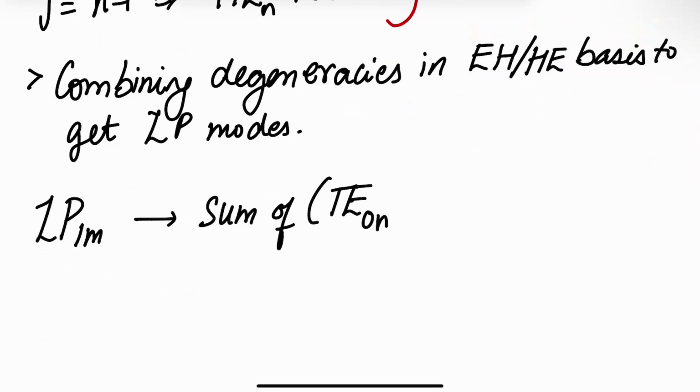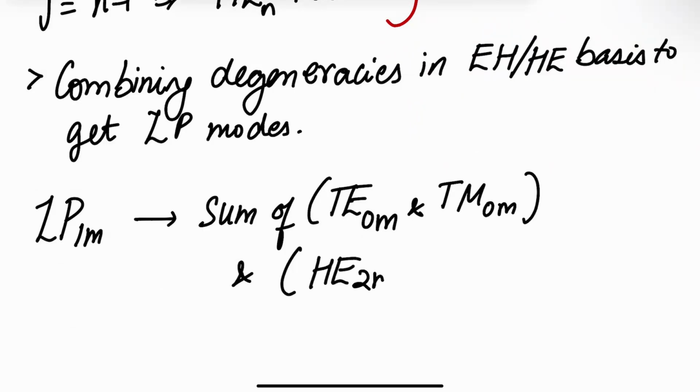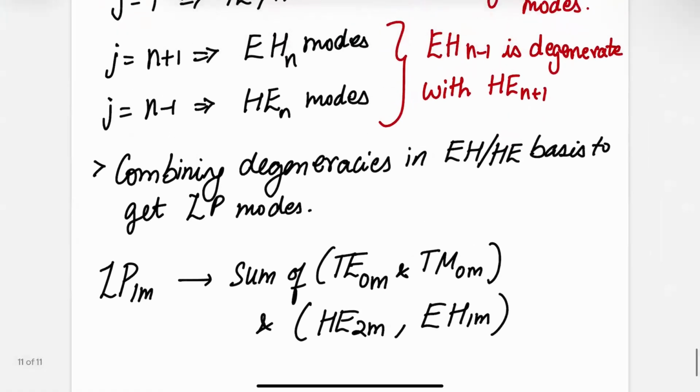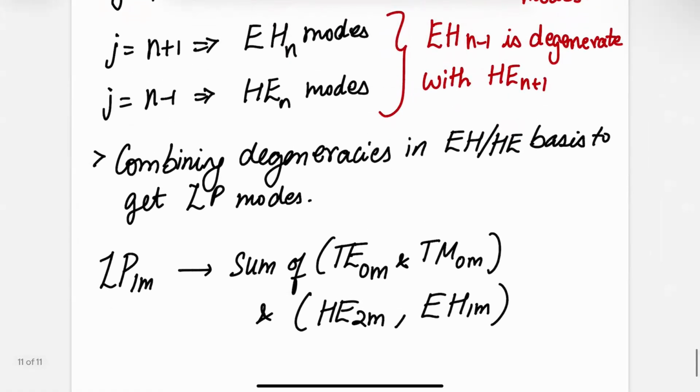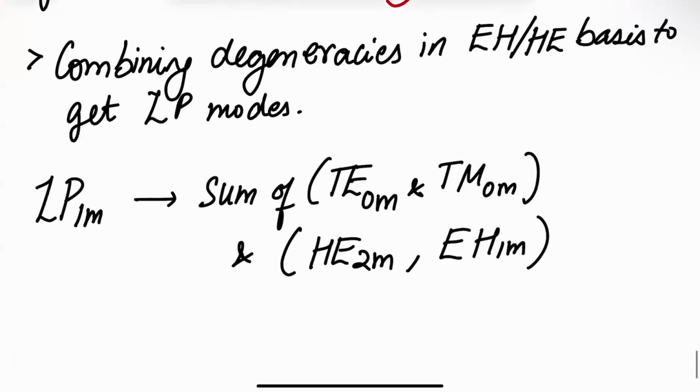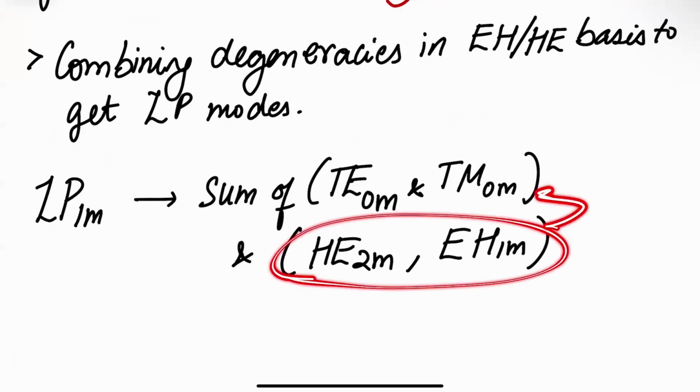So TE0M and TM0M, because you know these two are degenerate, and also HE2M and EH1M. We haven't really established this degeneracy, the fact that these two are also degenerate with these, but that is indeed the case.